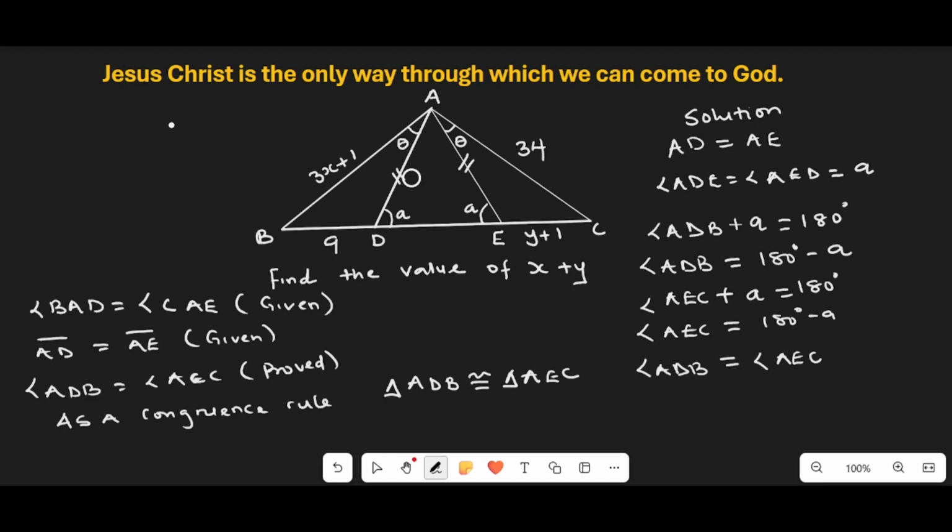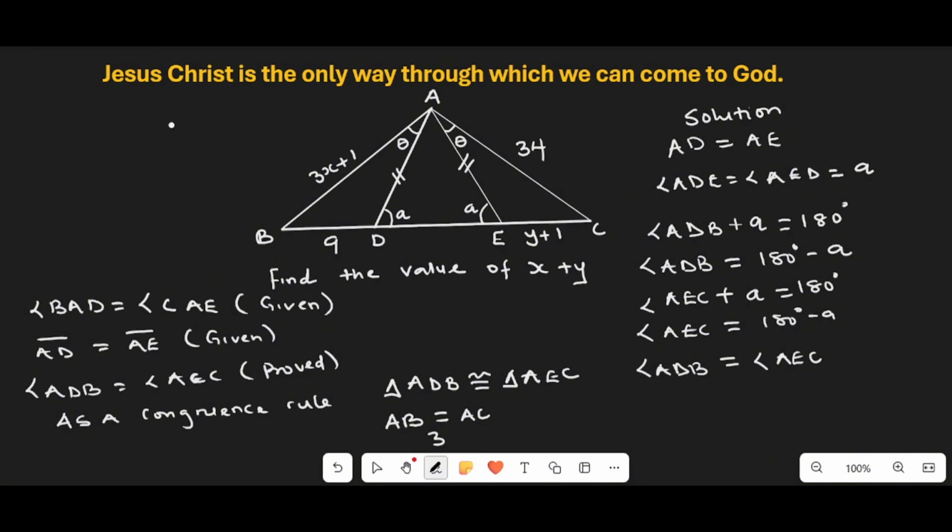And corresponding sides of congruent triangles are equal. I can say AB is equal to AC, and our AB is 3x plus 1.